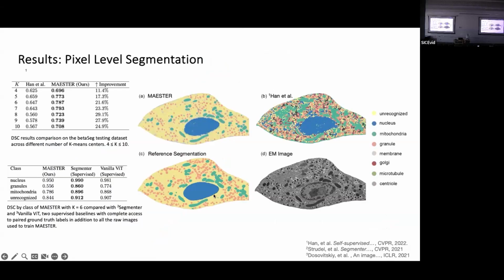So here's the original image as an example. Here's the reference segmentation that was manually annotated into these classes and categories. And this is what the method automatically identifies. It's not perfect. You see that some of the things are missed. There's a little bit of fuzziness at the boundaries, but it does a pretty good job, given that we don't have to give it any training. The only training data we give it is the images themselves.